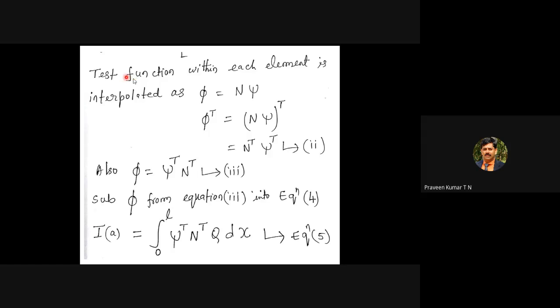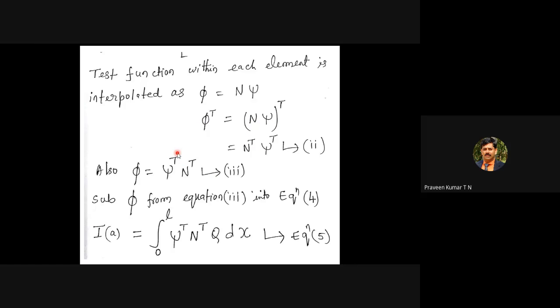In a similar way, the virtual temperature at any point within the element is given by phi. Phi is equal to N xi. Phi is a single number, given by the N vector and xi vector, and you can take the transpose. So phi transpose is equal to N into xi.